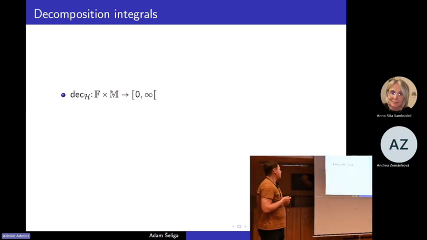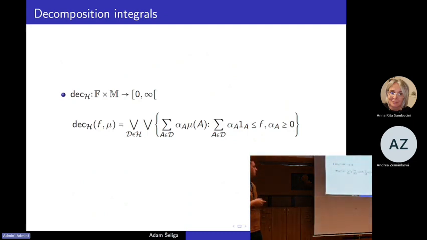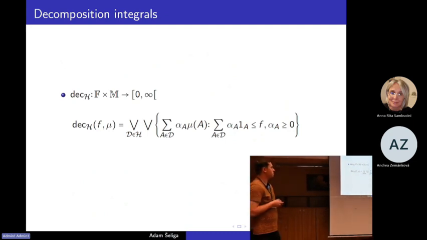So what is a decomposition integral? If we choose a decomposition system H, then we can define the following operator from the functions and monotone measures to non-negative real numbers, given by this formula. What happens here is that to every subdecomposition of f, we assign this value.